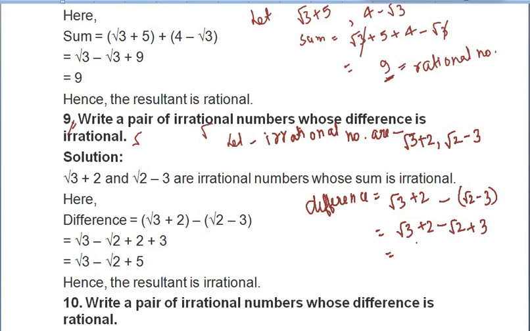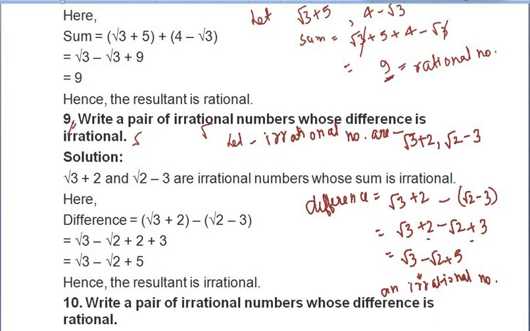We cannot subtract, we cannot add, so they will stay like this only. Under root 3 minus under root 2, and 2 plus 3 will become 5. So this is the answer. Now we cannot make any other change in this. This answer consists of under roots, that means this number is an irrational number.